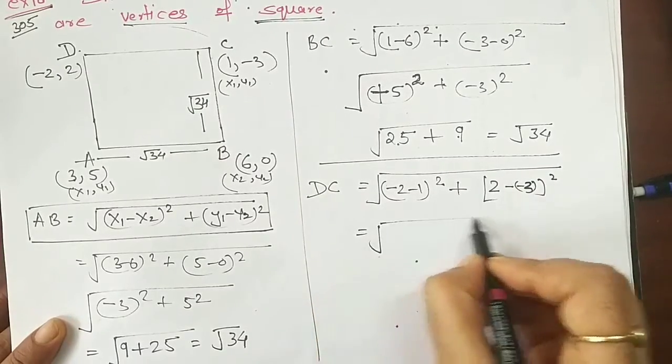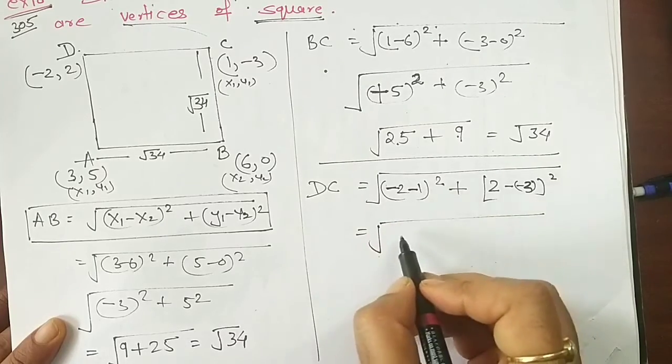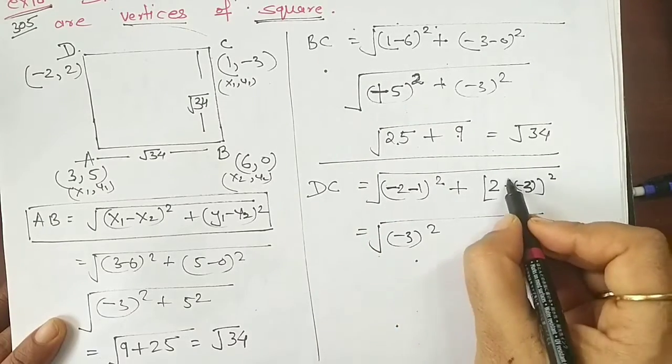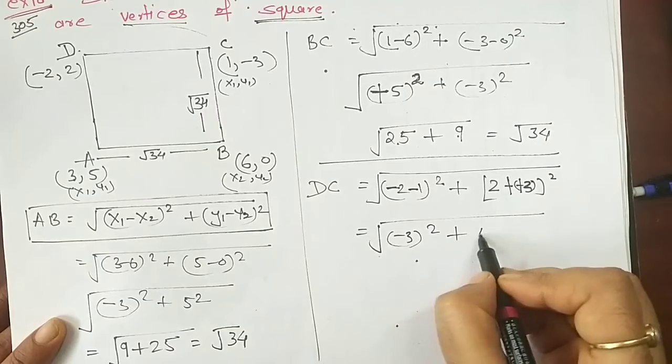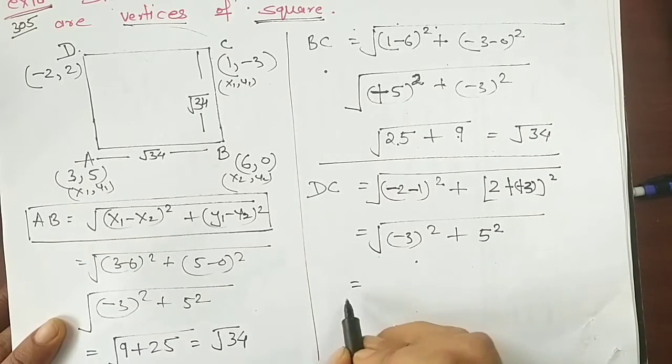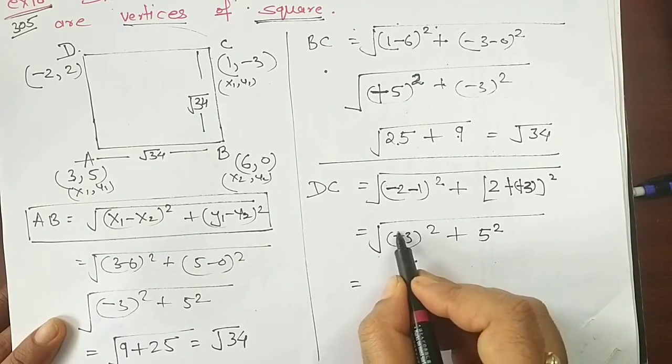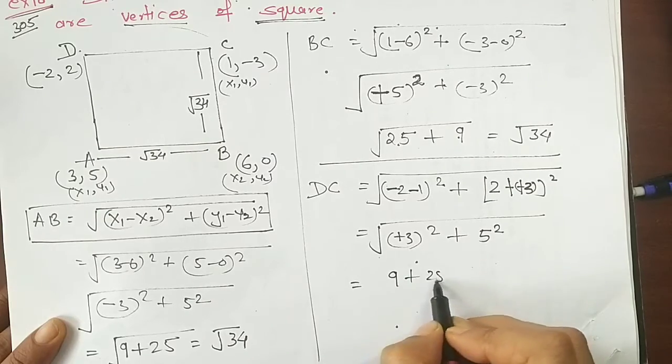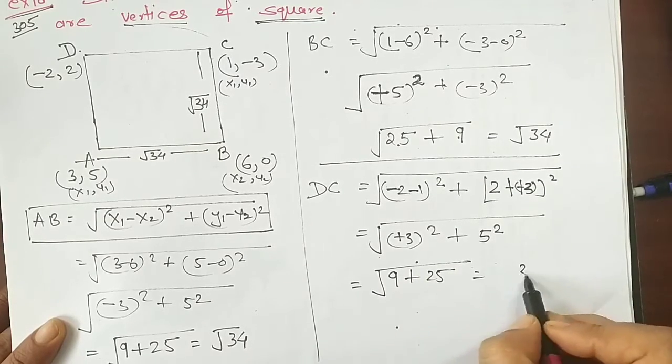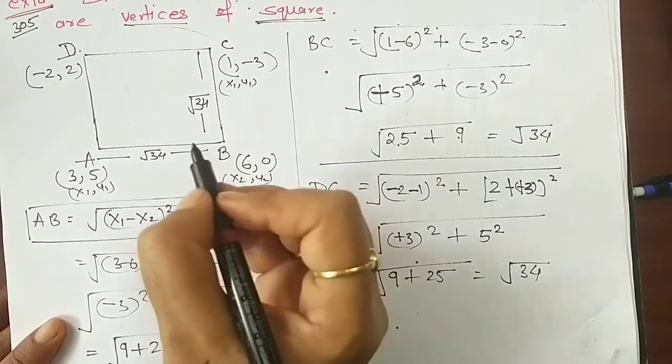So what I am getting is, this is -3 square. This minus minus will become plus 5 square. Okay, what is -3 square? This will become plus, so 9 plus 25, which is again root 34.